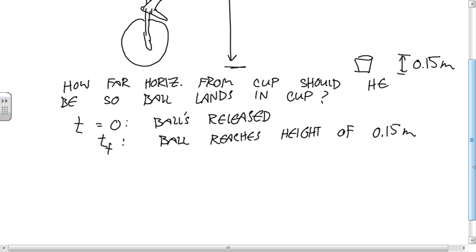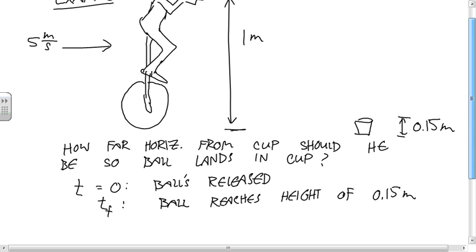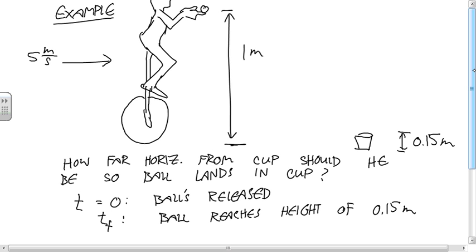And now for the coordinate system. These two are arbitrary, but I'm going to choose them the same way I pretty much always do. I'm going to choose the origin to be on the ground directly below where it's dropped. And I'm going to choose the y-axis to be up and the x-axis to be horizontal in the direction of motion.